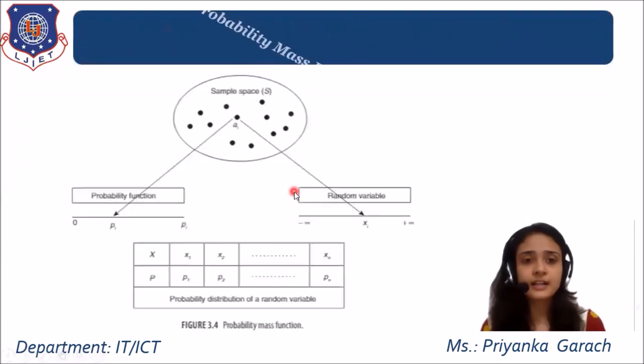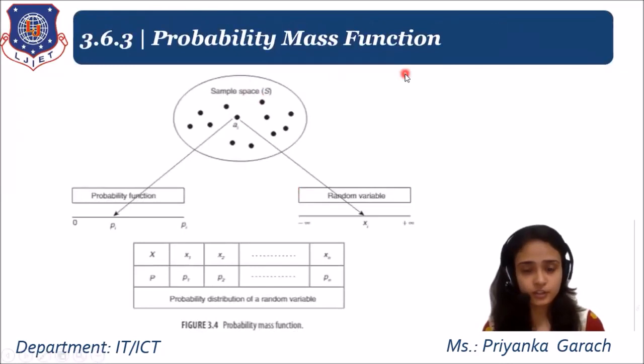So let's understand the probability mass function. This is your sample space. A random variable means you are mapping the outcomes of a sample space to some real numbers. But if you are mapping the outcomes of a sample space to some particular probability, then it is called the probability mass function, or in short, the probability function. You can see that these are the outputs of your sample space.